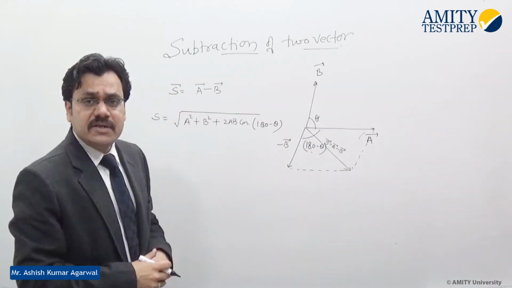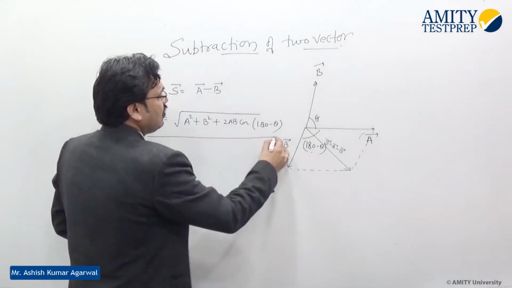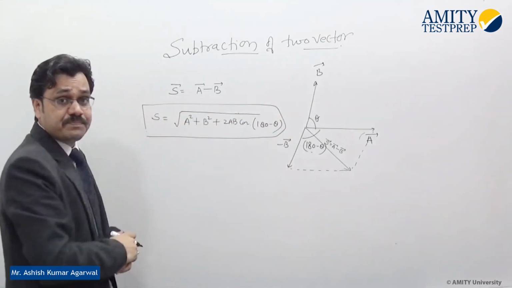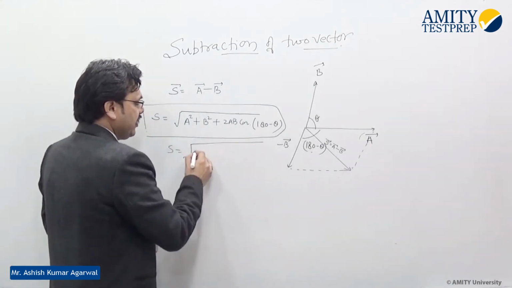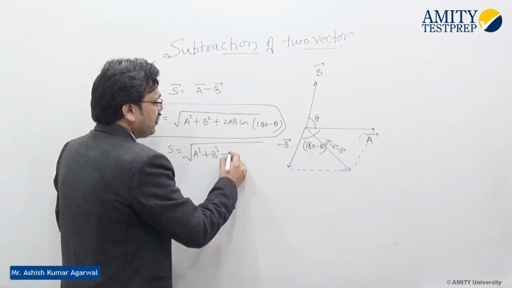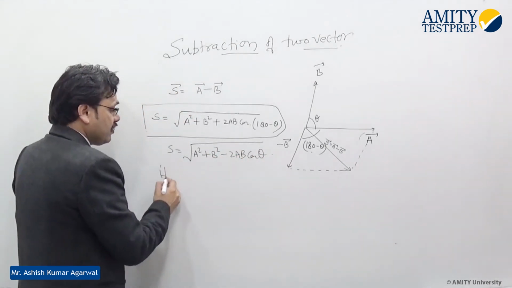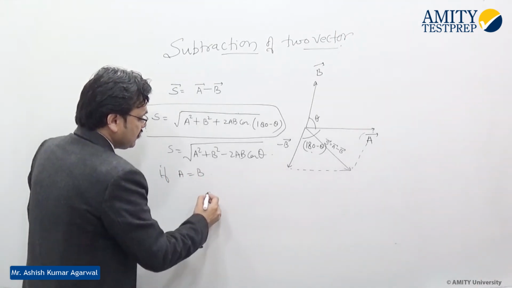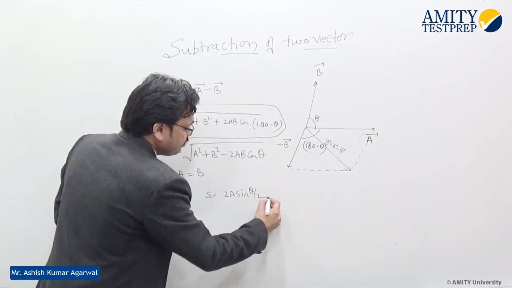What is cos 180 minus theta? It will be minus cos theta. So this is the formula for subtraction: under root A square plus B square minus 2AB cos theta. If two vectors are equal, the subtraction comes to be 2A sin theta by 2.